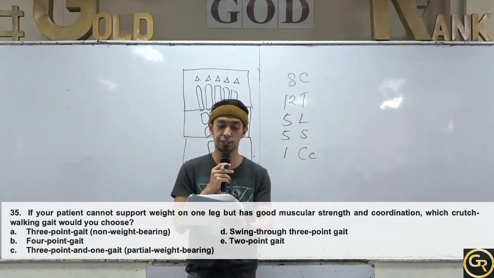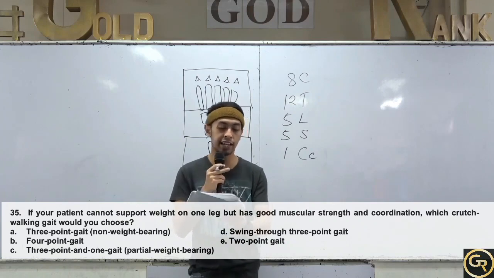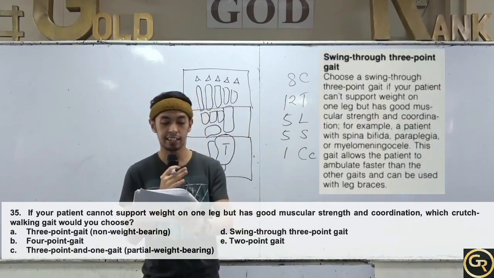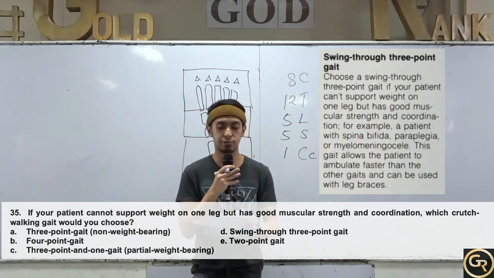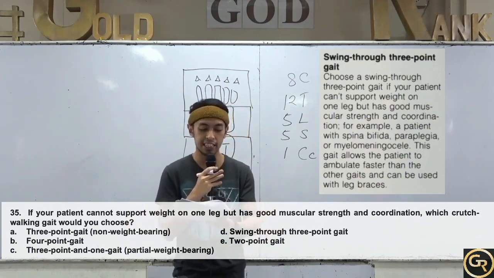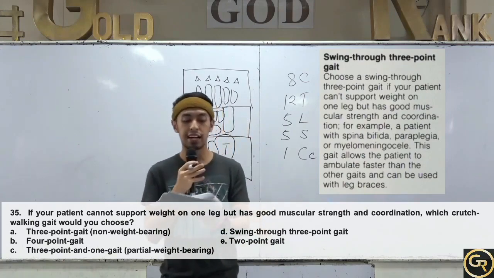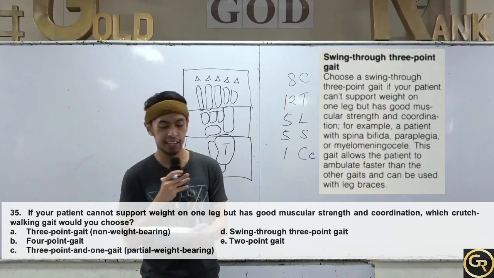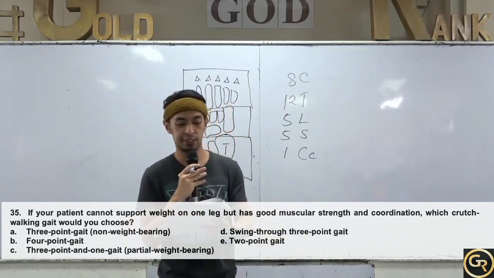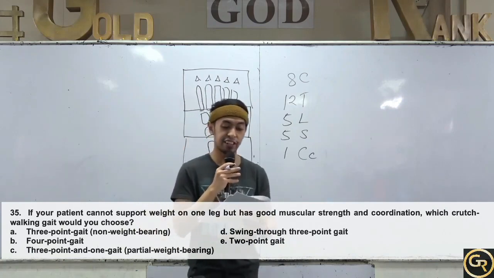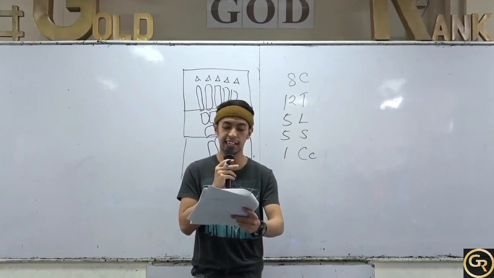That's letter D. So usually, we recommend this type of gait pattern for patients with spina bifida, myelomeningocele or paraplegia, because this gait would allow the patient to ambulate faster compared to other gaits. So again, for number 35, it's your letter D, swing-through 3-point gait.